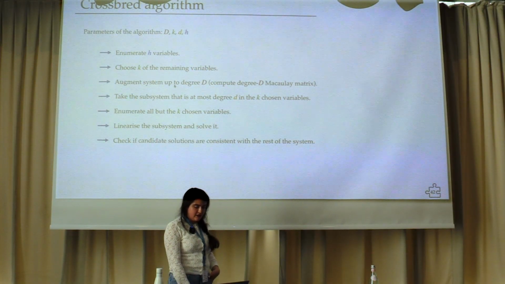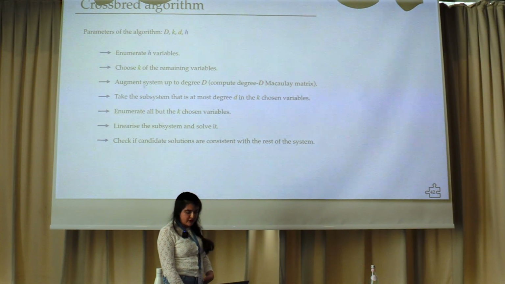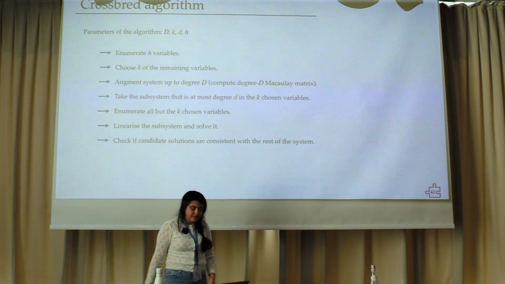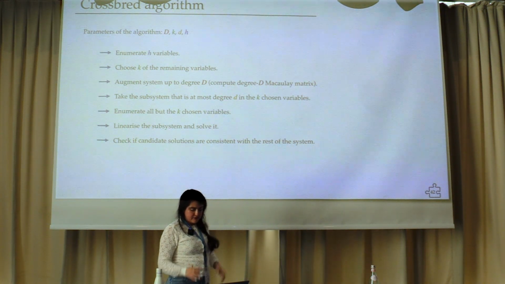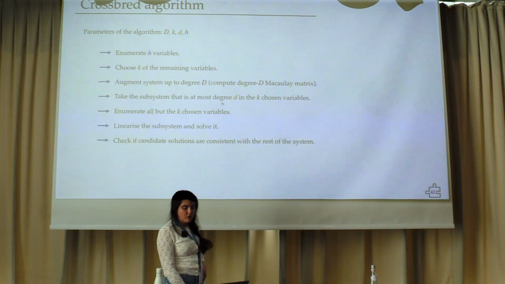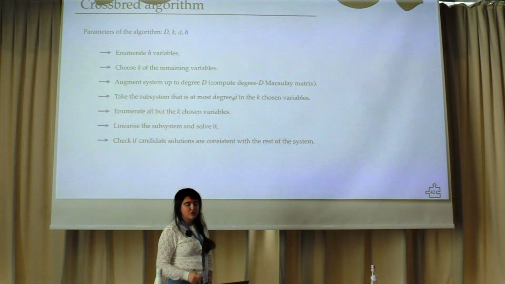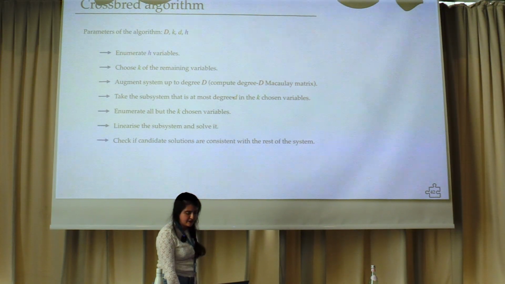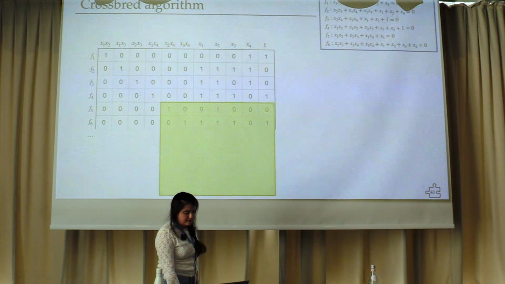So you choose how many variables are going to remain, you choose up to which degree you're going to go, and then you compute the Macaulay matrix up to this degree D. Then you take a subsystem, like we saw, that is at most degree linear for us. What we saw was at most linear, but you can also decide to linearize, so the small d can be bigger than 1.